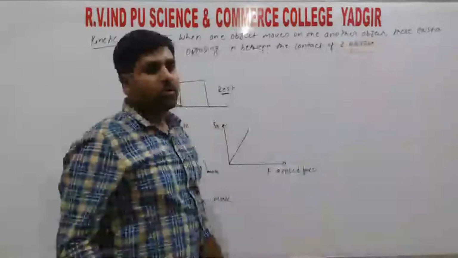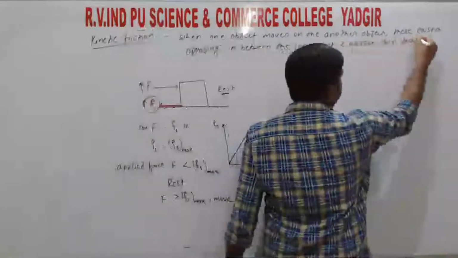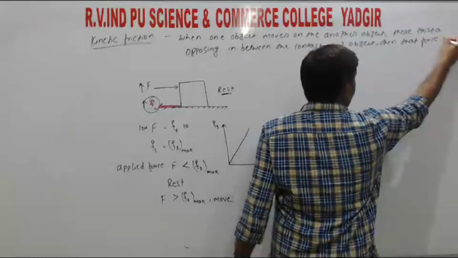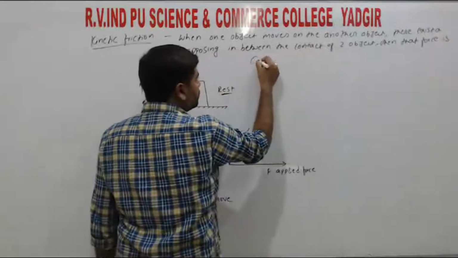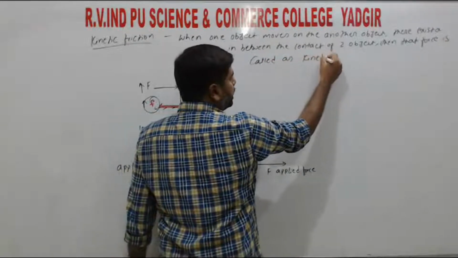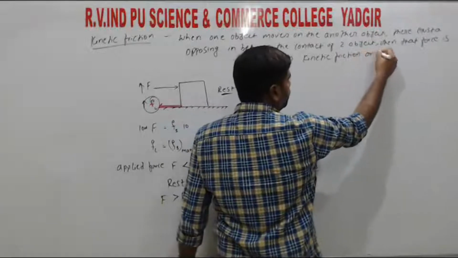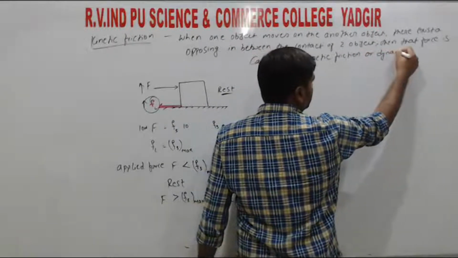In between the two objects, that force is called kinetic friction or dynamic friction.